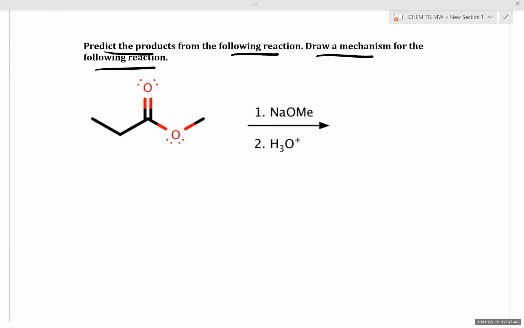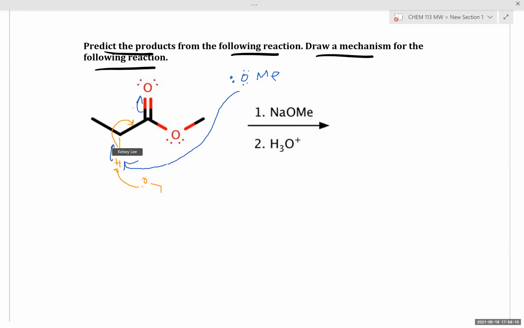So would anyone like to start us off here? You don't have to come up with the full mechanism at once. Just start from the basic steps. So we have multiple students noting we have these acidic alpha protons, and 2 students are drawing. Methoxide is going to immediately try to pull off this acidic alpha proton. Perfect.